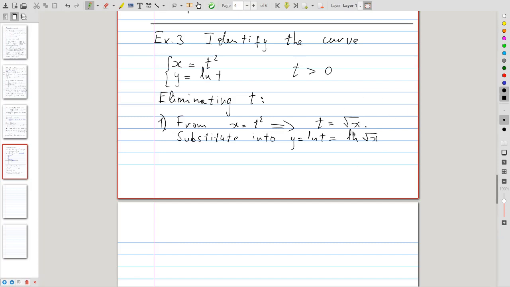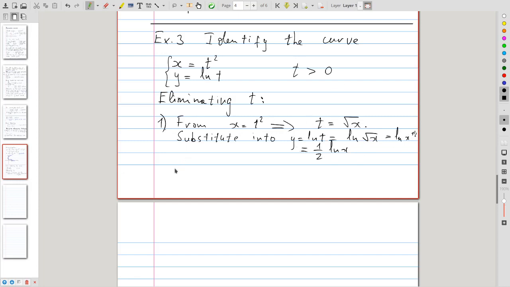So if you wish to simplify this further, you can observe that this is log of x to the 1/2, and so it is equal to 1/2 log x, because raising x to a power means you're multiplying, and the exponent comes out of the logarithm.